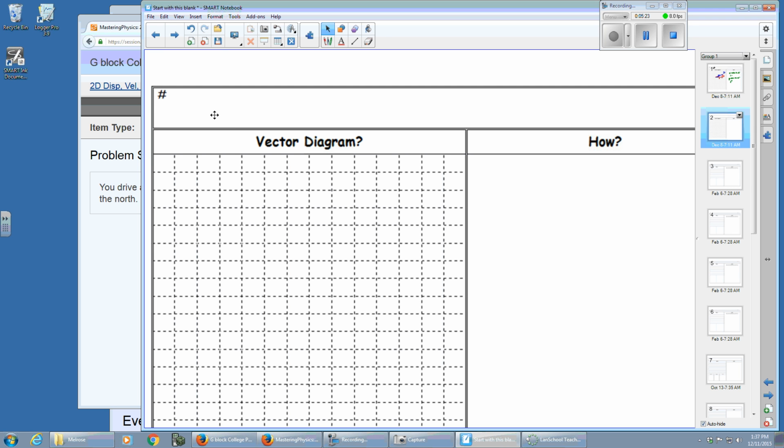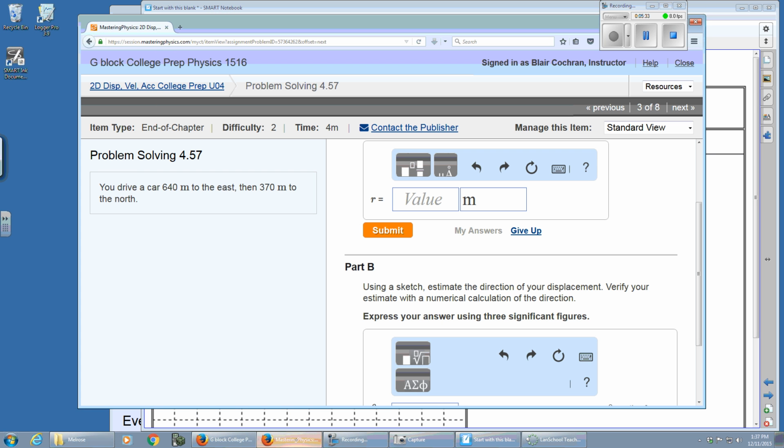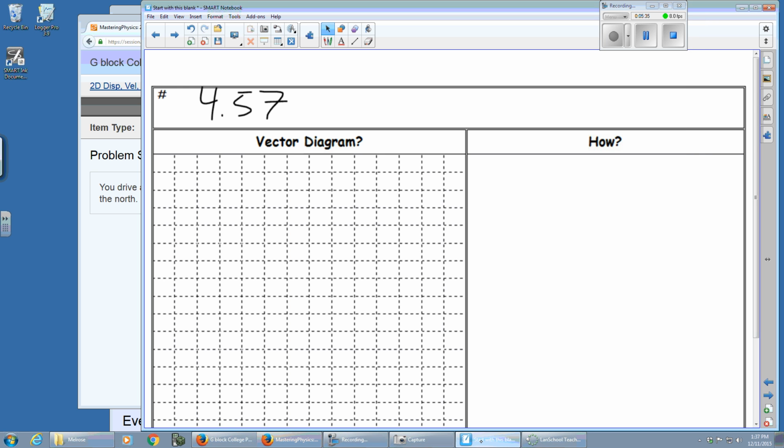4.57, I think, right? So I drive east and then north, was it? East and then north. So I'm going to drive east, and then I'm going to turn and drive north. And the displacement will be the red.